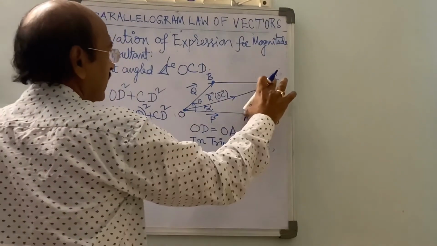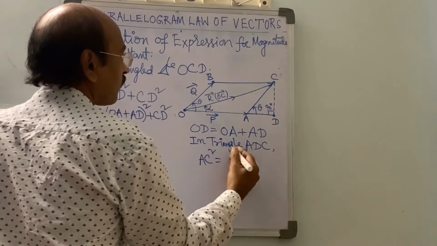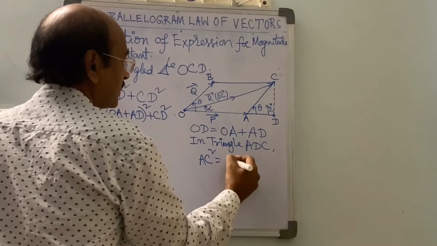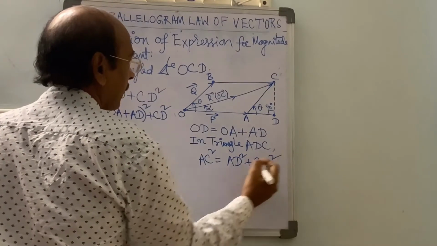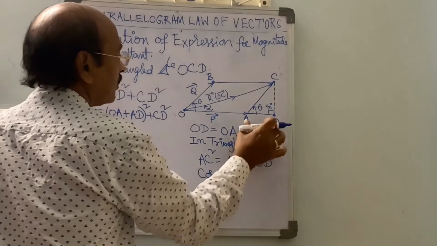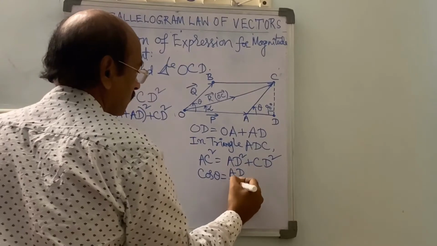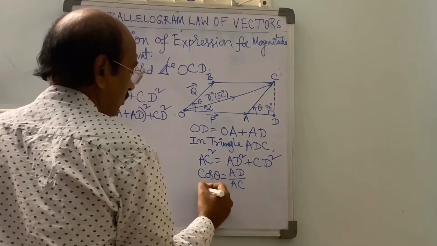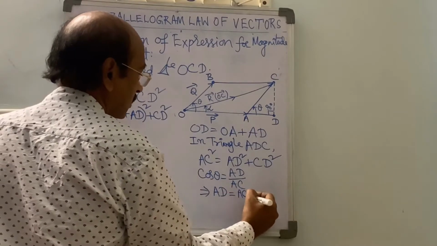So AC square is equal to AD square plus CD square, and cos theta is equal to AD by AC. Therefore AD is equal to AC cos theta.